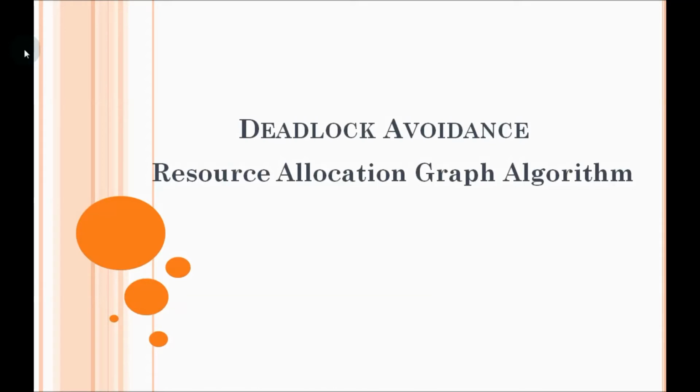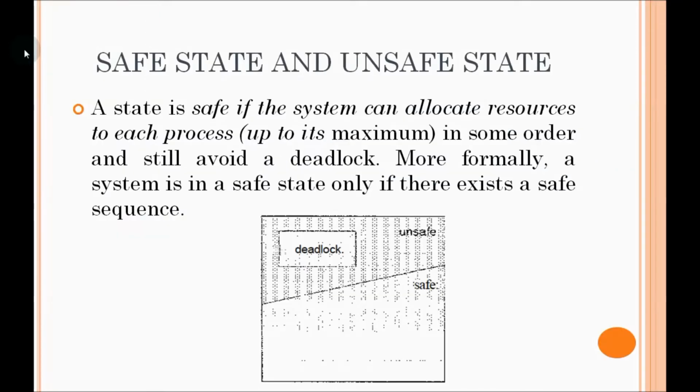Right? So before understanding what is a resource allocation graph algorithm, how you are going to use a resource allocation graph algorithm to avoid the deadlock, you need to understand what is a safe state and an unsafe state. I can say a state is a safe state if the system can allocate the resources to each process in some order and still avoid a deadlock.